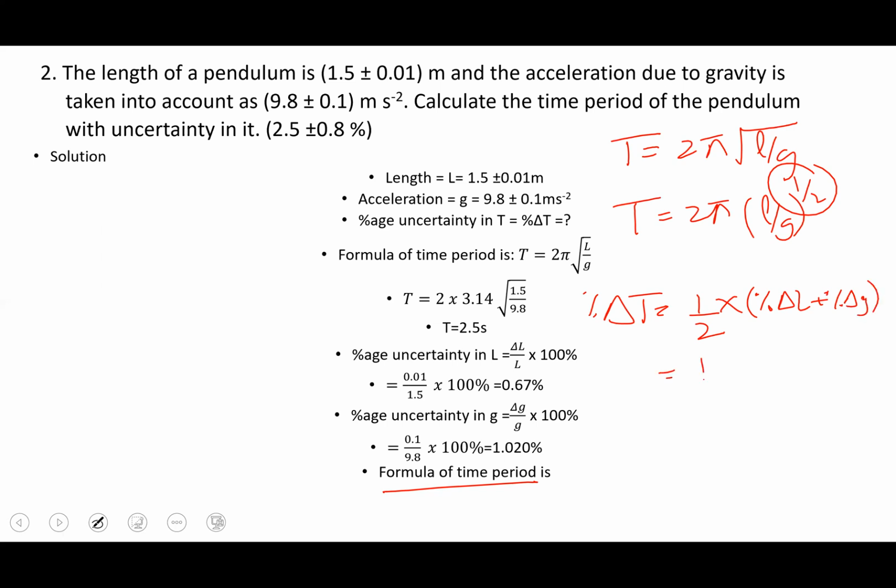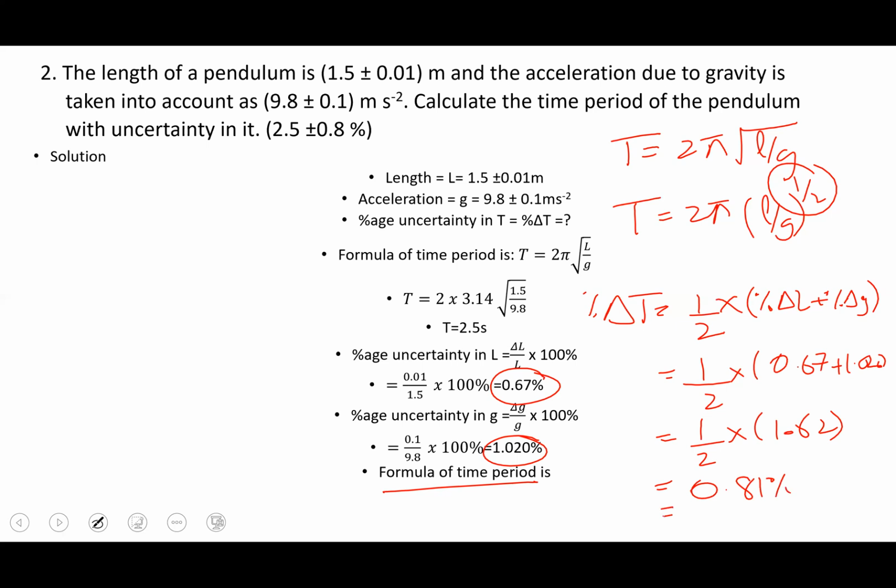So it will be 1 over 2 multiplied by the value of L, which was 0.67, plus the value of G, which was 1.02. If we add them up, it will be 1.62. And if we solve this one, it will be 0.81%, or for simplicity, 0.8%.